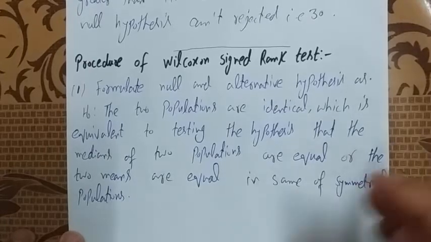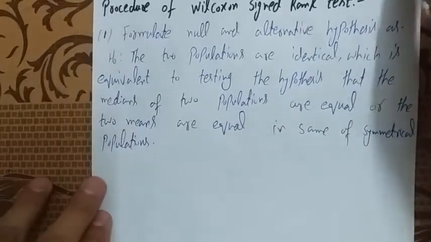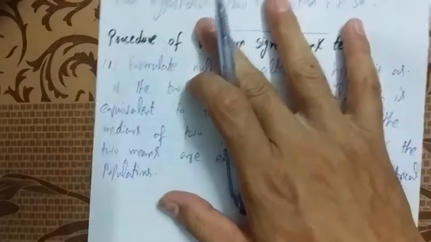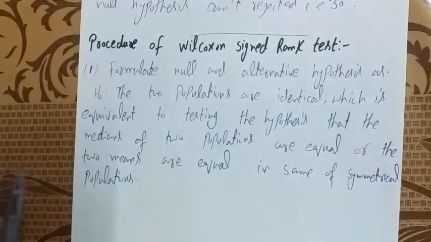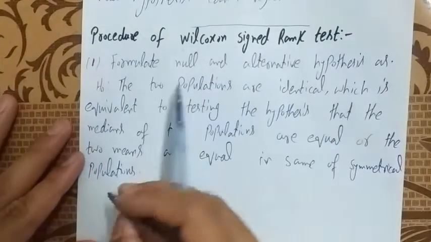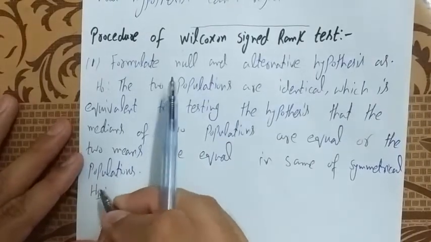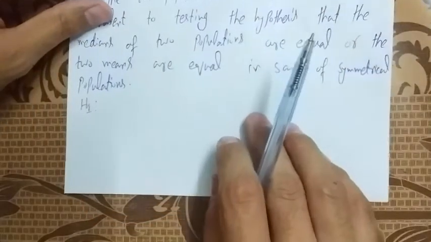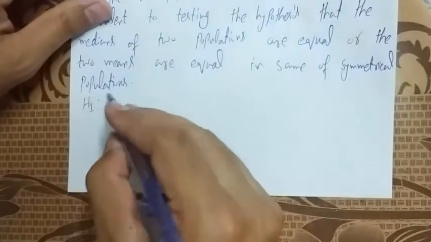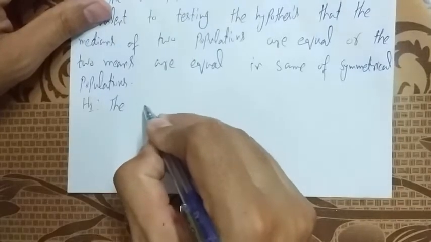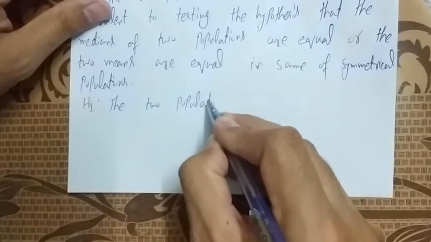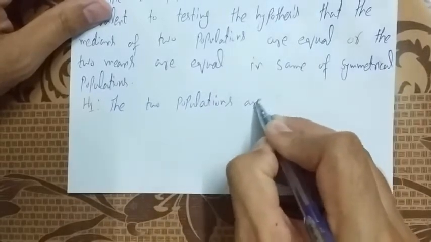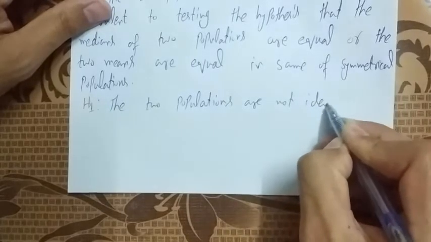Now secondly, the alternative hypothesis, that is H1, which is: the two populations are not identical.